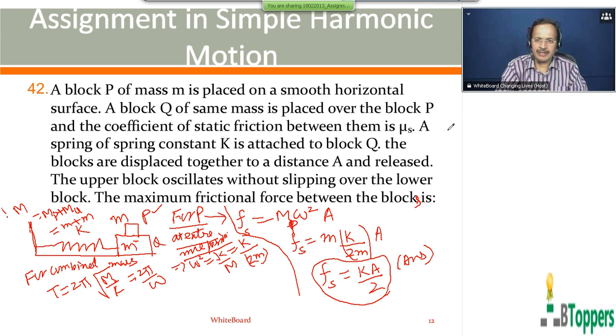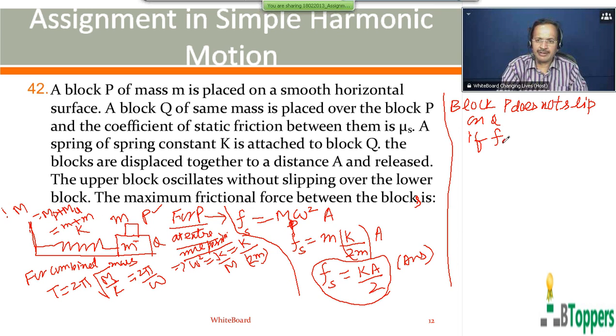But of course, if you want to find the condition so that block P does not slip on Q, the static friction should not reach the limiting value; it should be less than the limiting value.